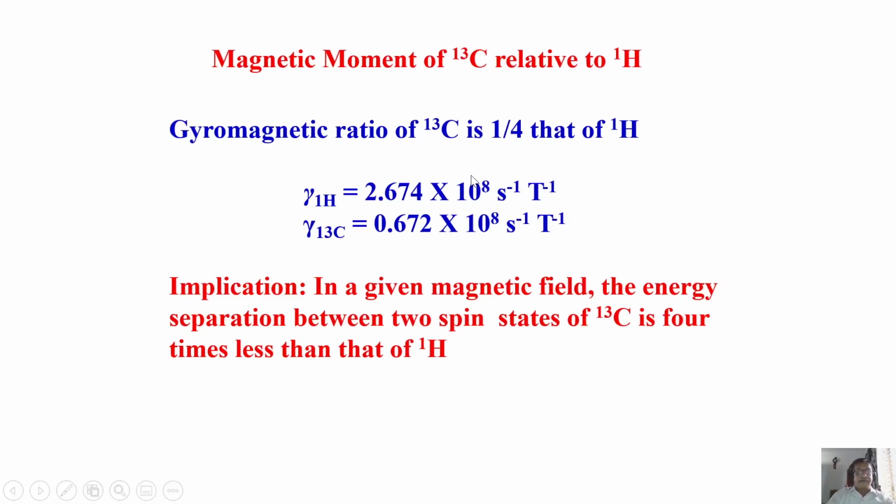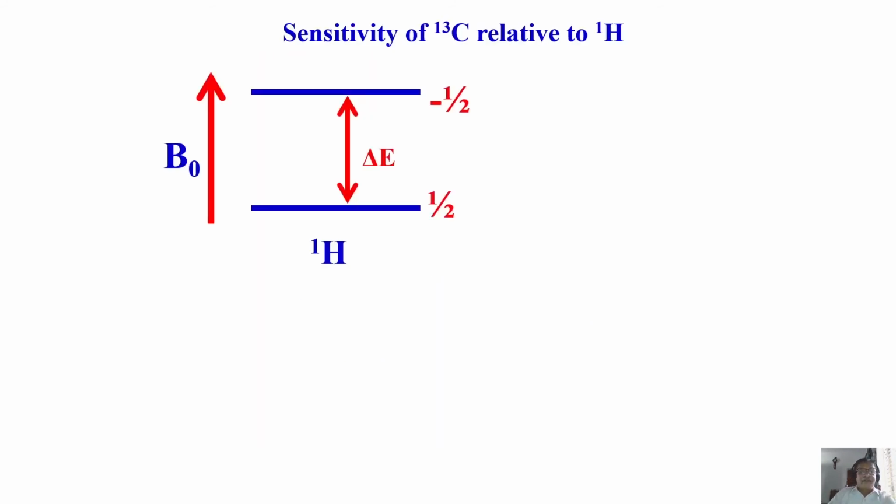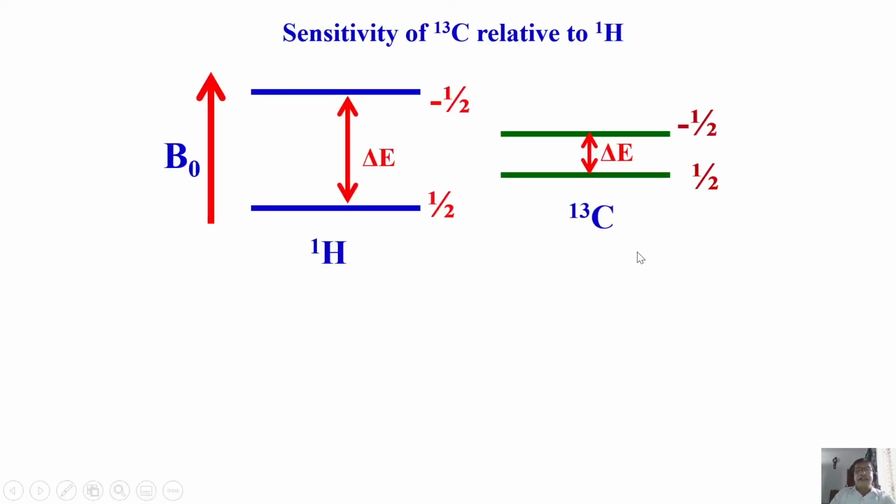What does it mean? Gamma is 4 times less means, as we discussed in the very first class in spin physics, that the energy separation of carbon is 4 times smaller than that of proton. This is the energy separation of carbon, and this is the energy separation of proton. This is 4 times less.